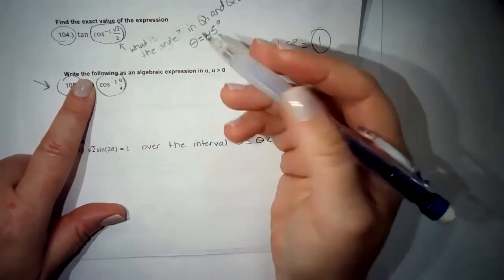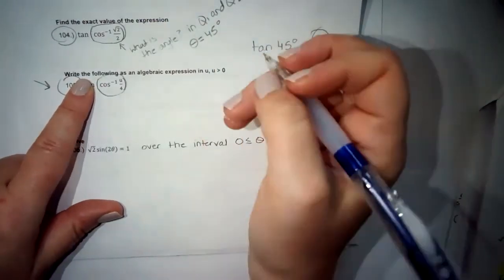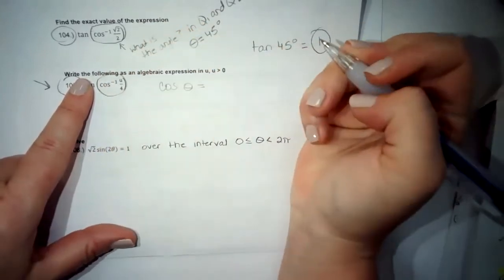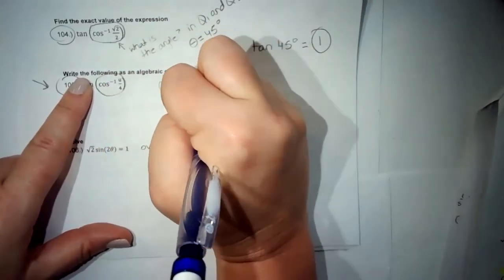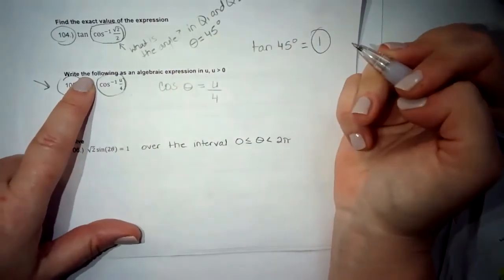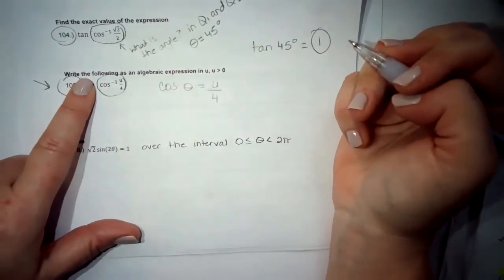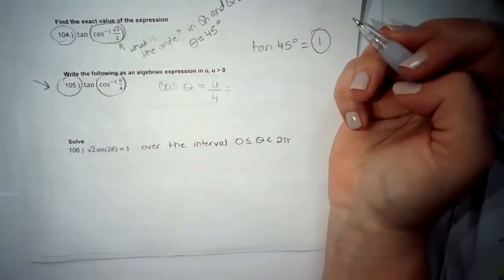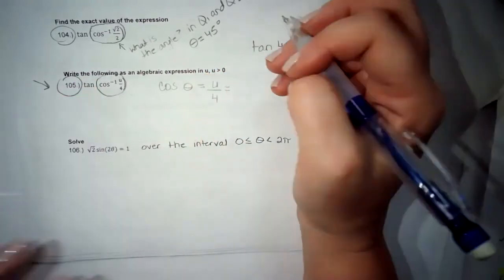So what this tells me then is that cosine of some theta, which I don't know what my theta is, is U over 4. So we're going to take it back to what cosine actually equals.